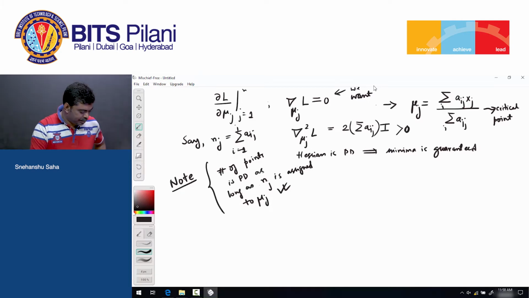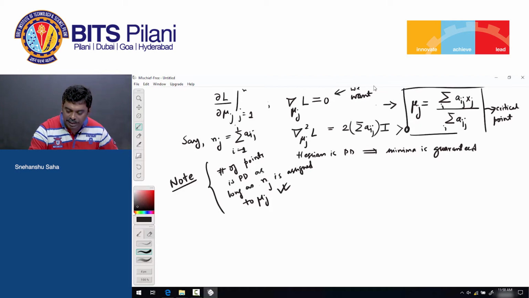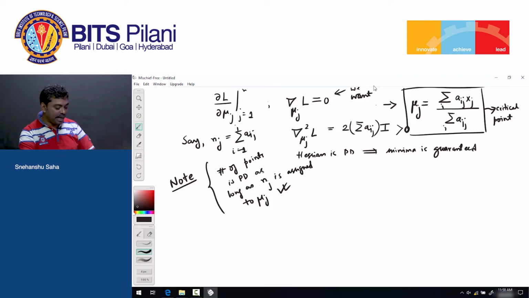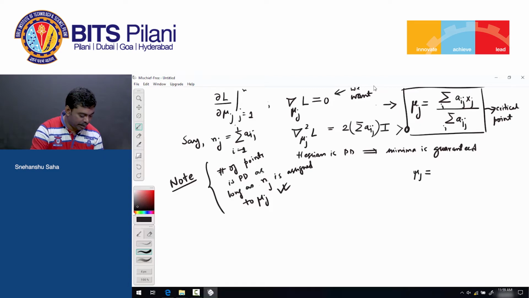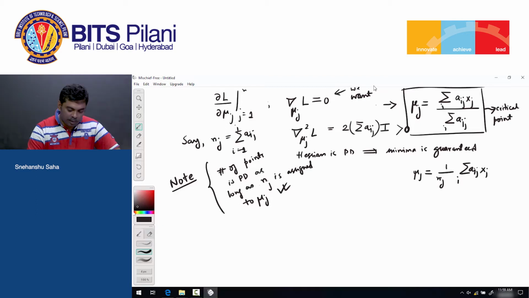So therefore, the estimate that we have over here says sum of all the points xi assigned to the cluster j. So basically I can rewrite this as mu j equal to 1 over nj times that sum.